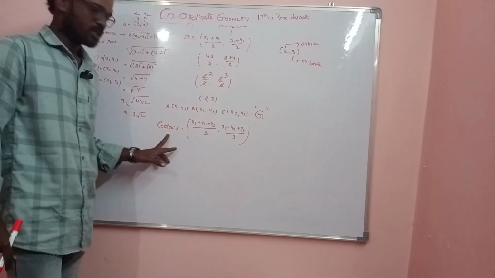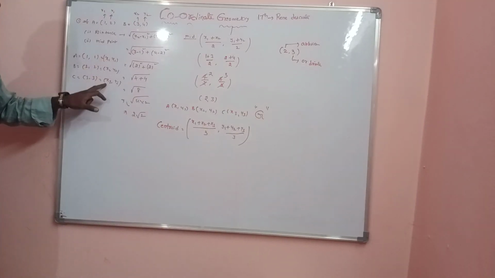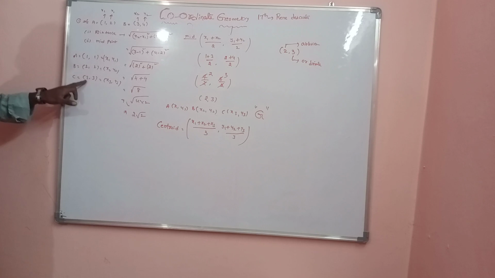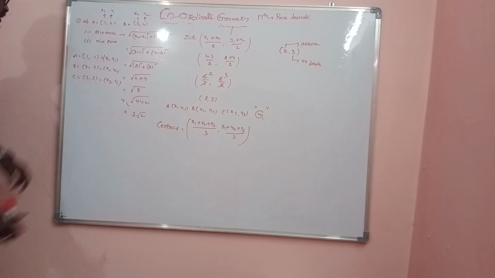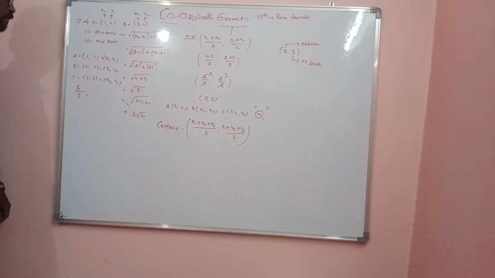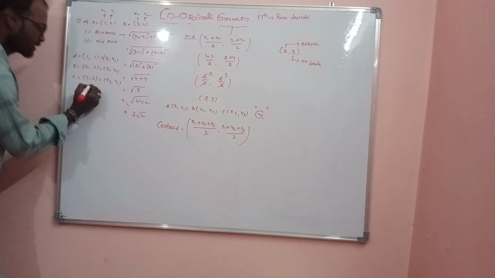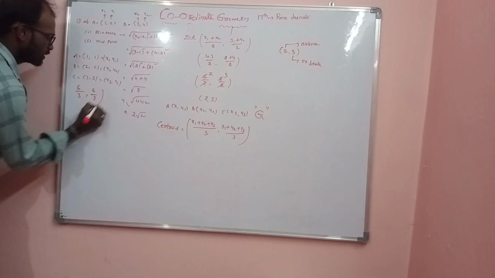The centroid formula is x1 plus x2 plus x3 by 3. The value is 1 plus 2 plus 3. 1 plus 2, 3. 3 plus 3, 6. 6 by 3.